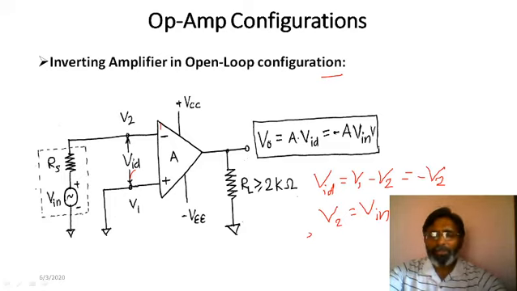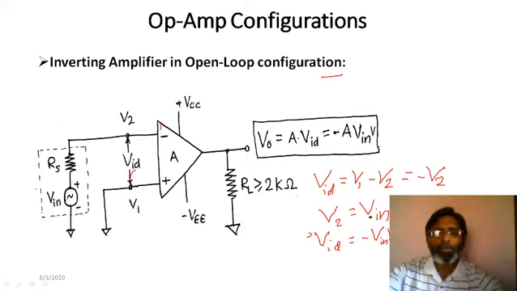So if I put the value of VID, that is minus V2, with V2 as V in, my VID will be equal to minus V in. Okay. So if I put this into the formula for VO, then I will get this output.